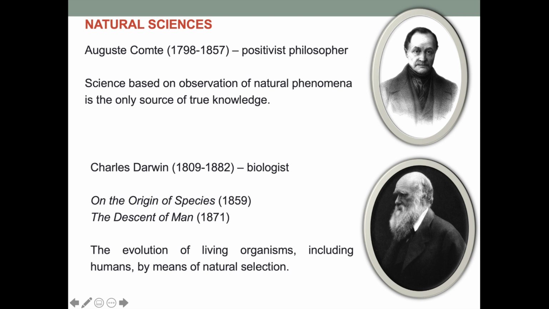And in these books, he argued that the evolution of living organisms, including humans, happens naturally and is like a natural force towards improvement, towards progress. So this is also something that we'll encounter time and time again.